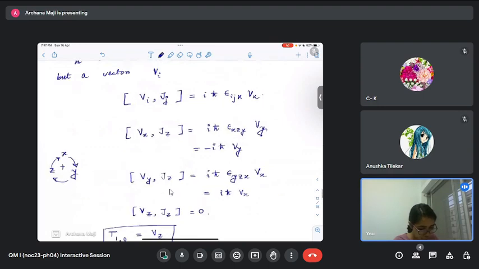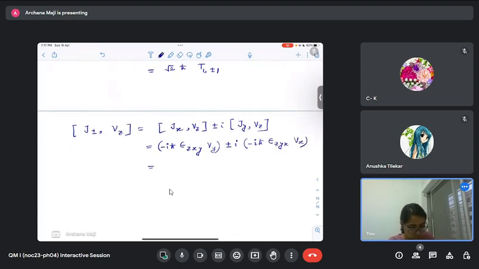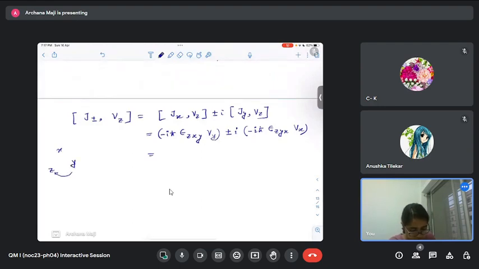Jx with Vz will be minus i h cross epsilon z x y Vy, plus minus i times minus i h cross epsilon z y x Vx. So zxy gives plus 1, minus i h cross Vy, and then this i and minus i becomes plus 1, and with zyx that becomes minus plus h cross Vx.